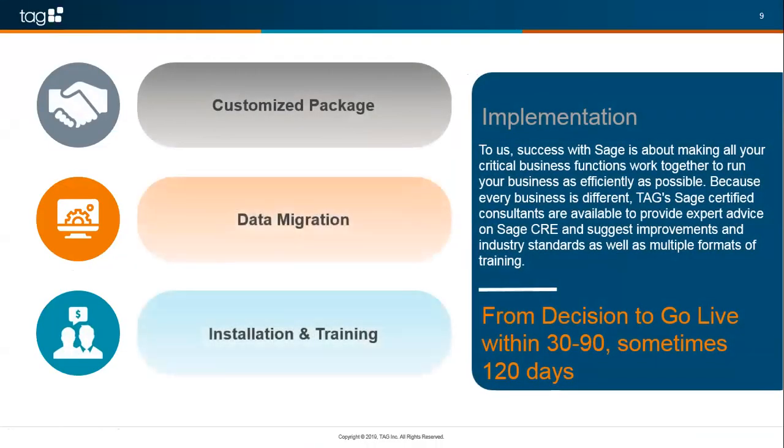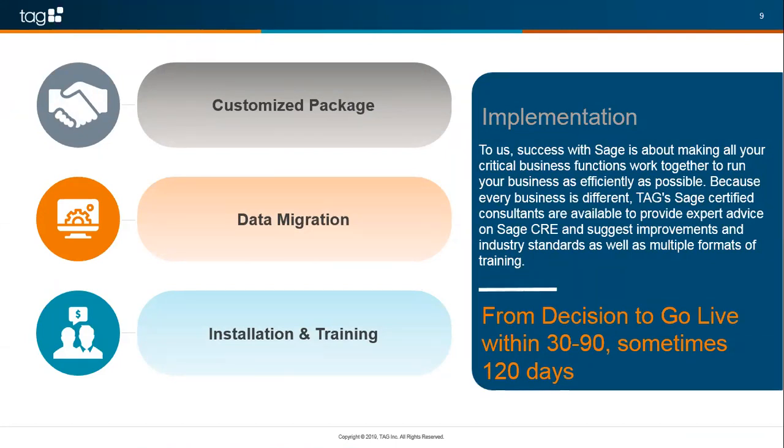Okay, so implementation, we kind of really dived into that last point there. Again, somewhere between 30 to 90 days, sometimes 120 days, usually on the 300 CRE side of things. What we like to do is help you put together a customized package based on your needs and everything that we talked about prior in your evaluation period.